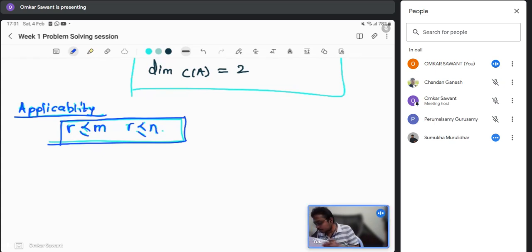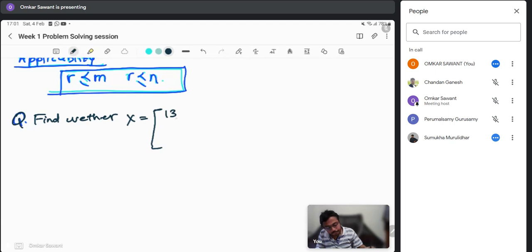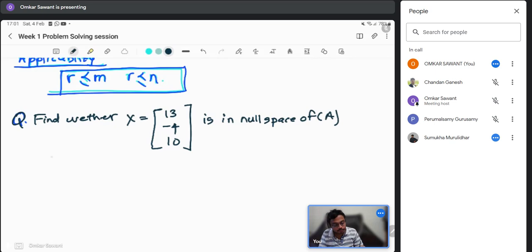So we will check whether a particular vector is in the null space of A or not. How will you find this? What will be your approach?